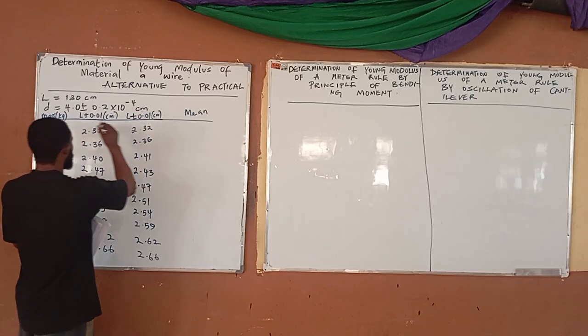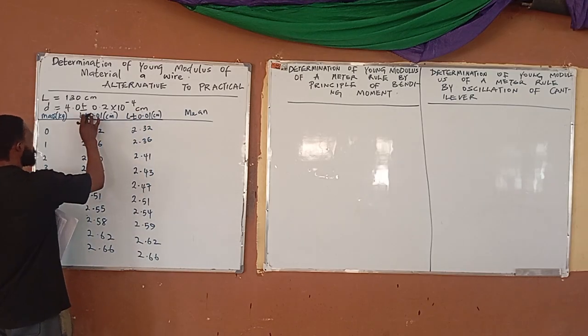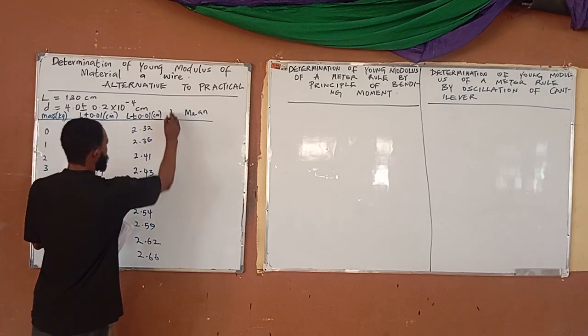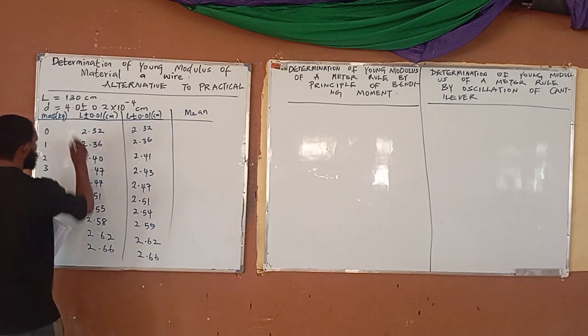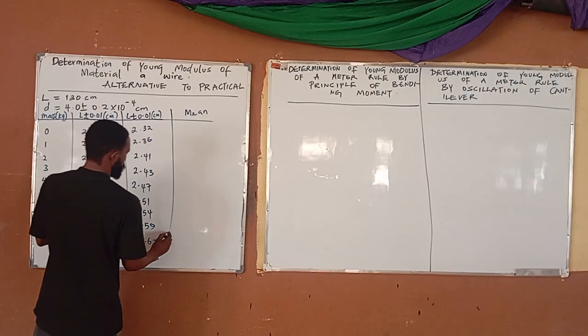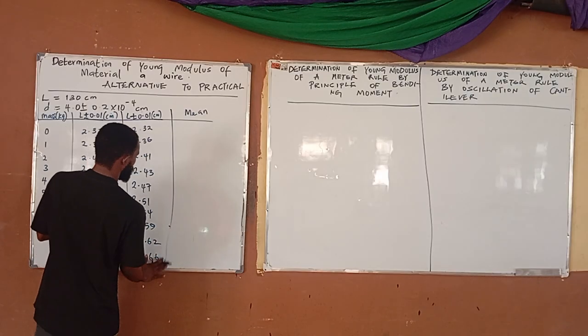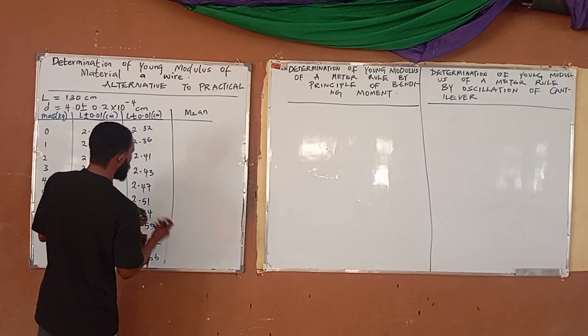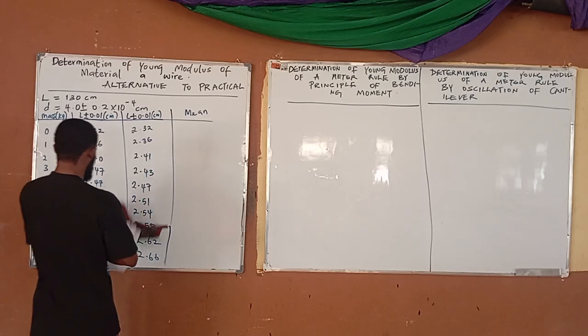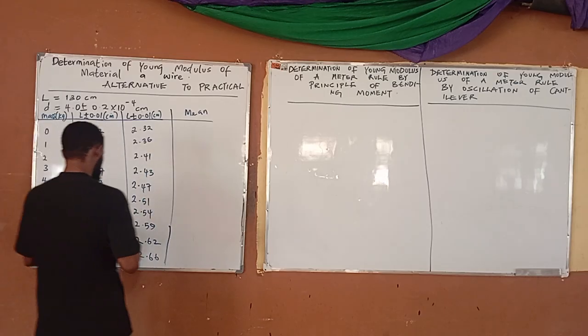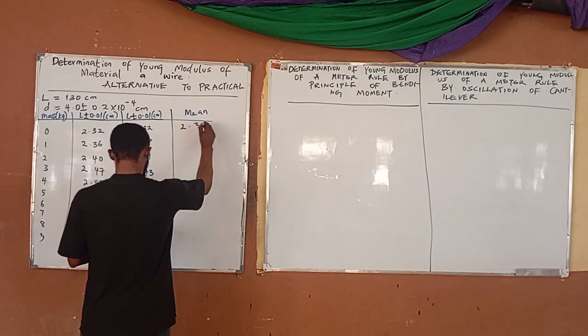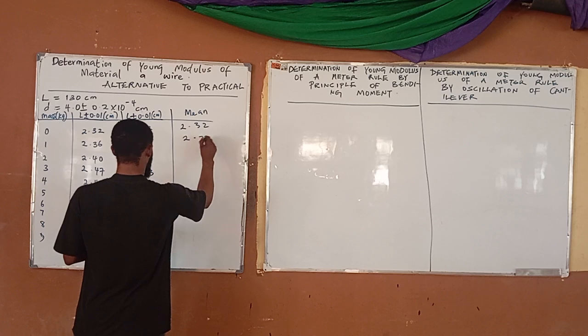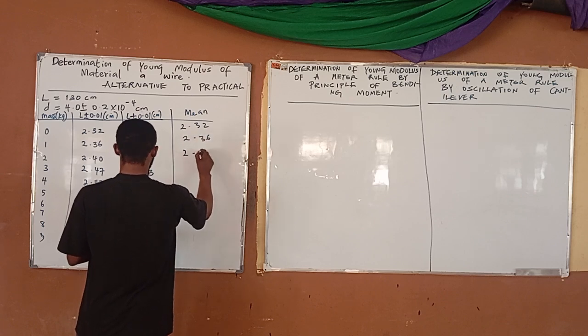They didn't make room for what I'm thinking, but let's use this one. Then this person did the mean, and then you have 2.32, she got 2.36, 2.41.